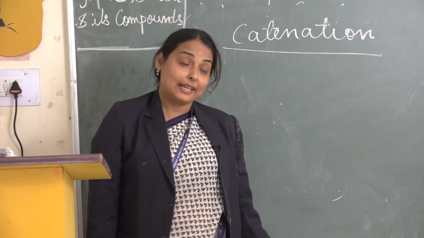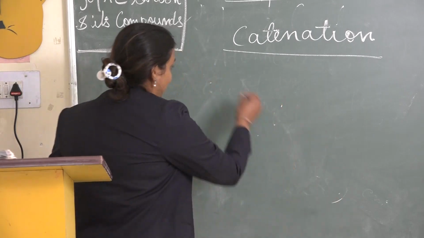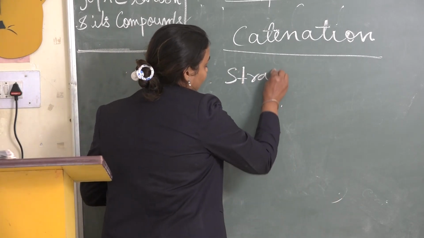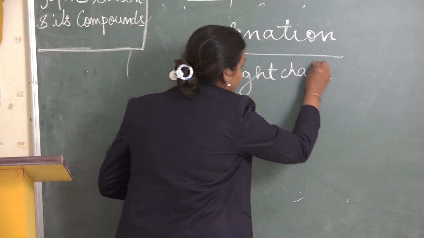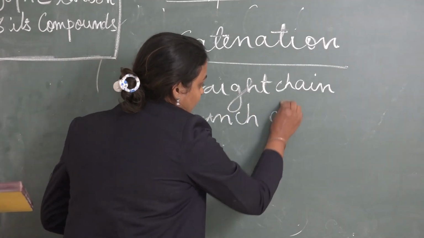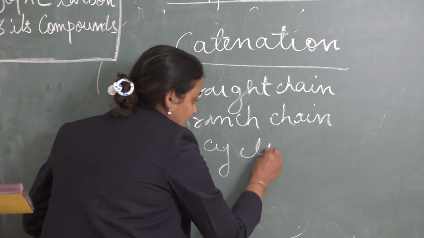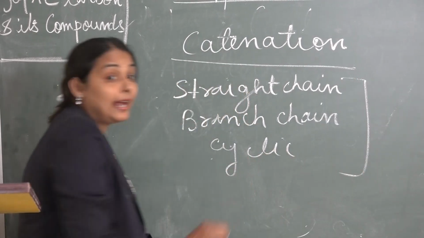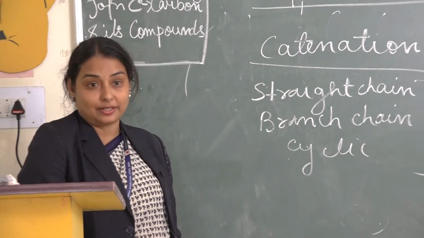Catenation means we arrange carbon in a straight chain, then we have branches, then cyclic. These are all the ways of arranging carbons.